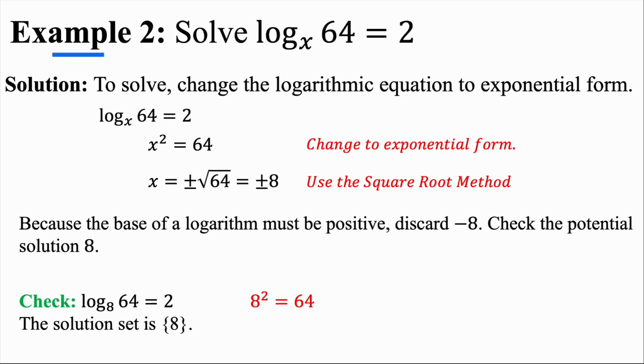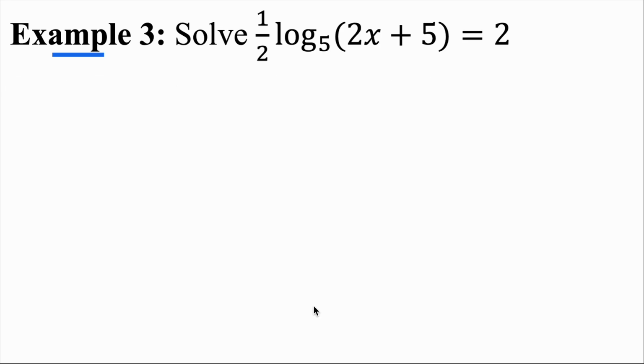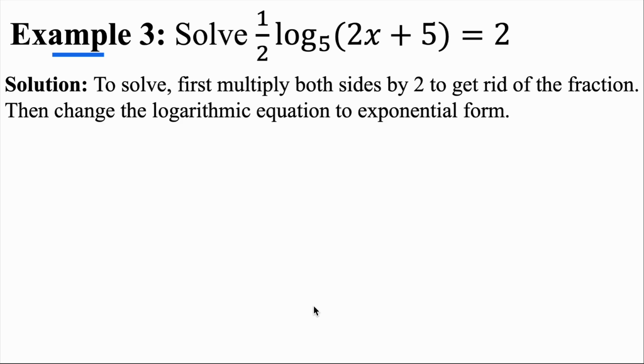All right, example 3, we have this equation here. We're going to apply the same techniques here. So to solve this equation, first I'm going to get rid of that fraction 1/2. In order to get rid of that 1/2, I can either divide both sides by a half or multiply both sides by 2.